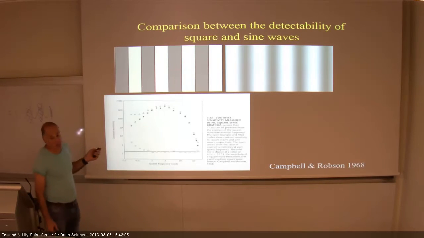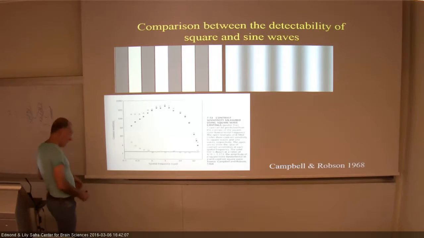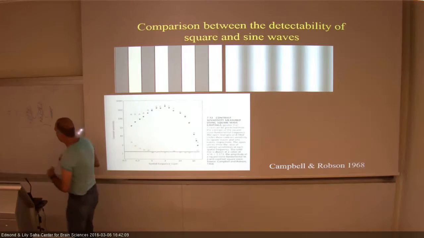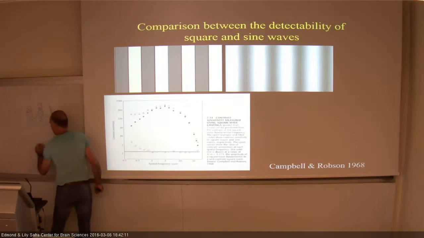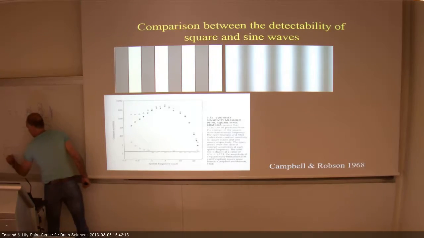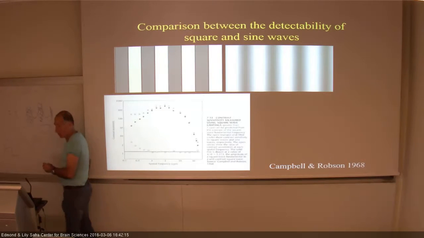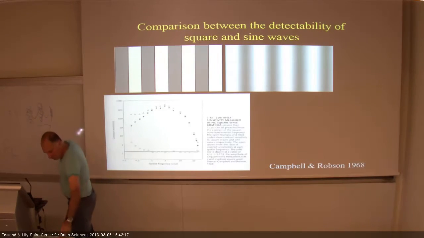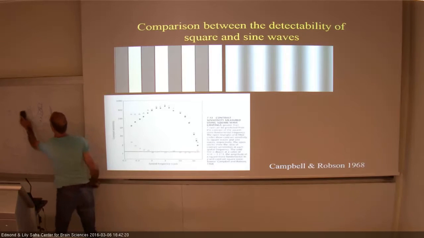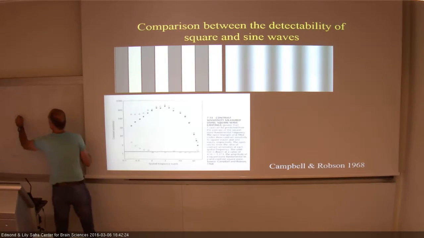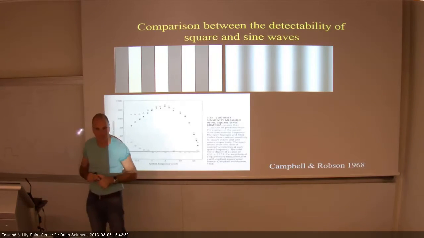Or this is called a square wave, so its function is a square wave. One, in terms of luminance, looks like that with the square wave, and the other one looks like that. I think you follow the idea.